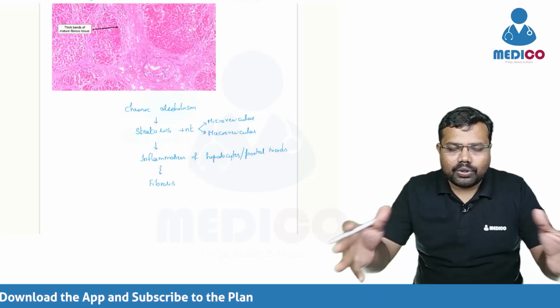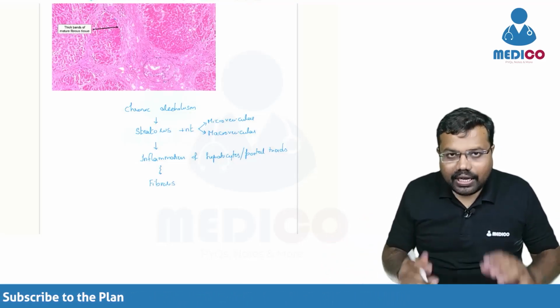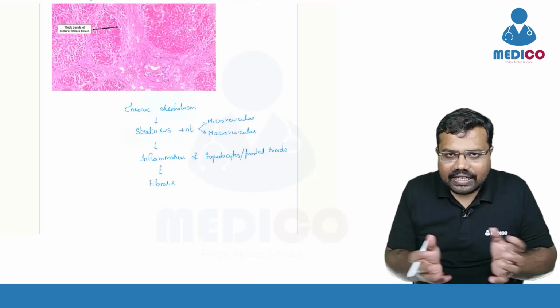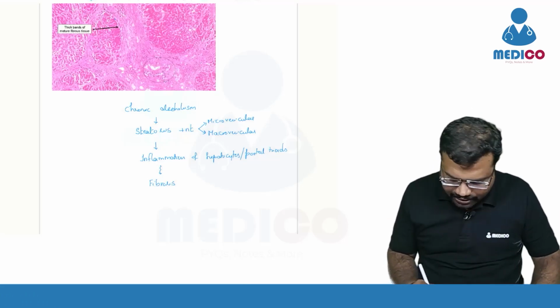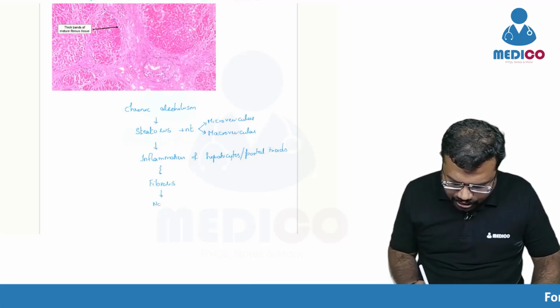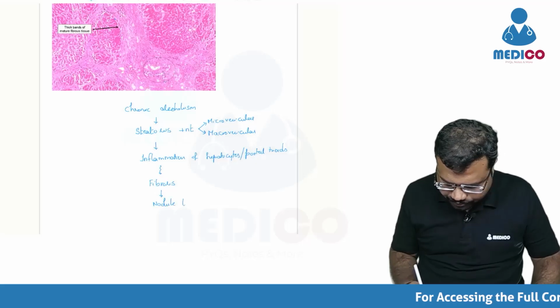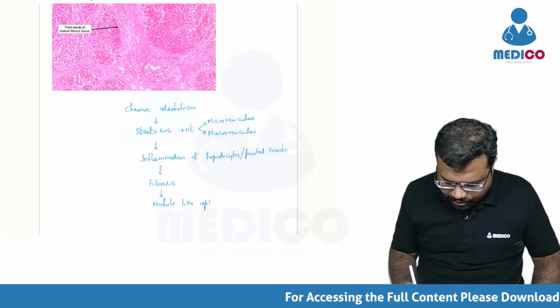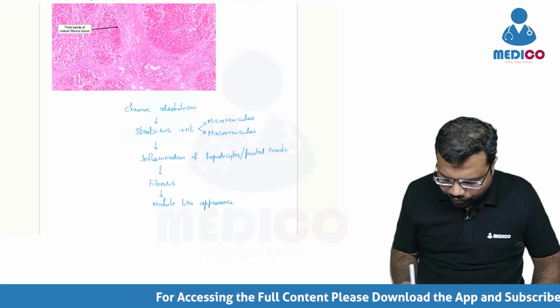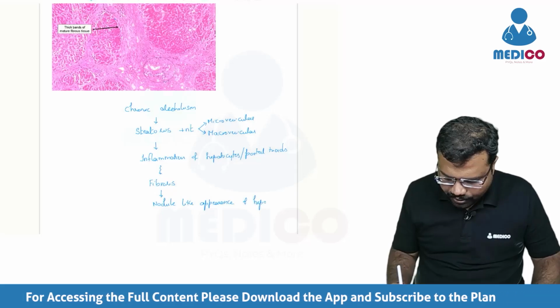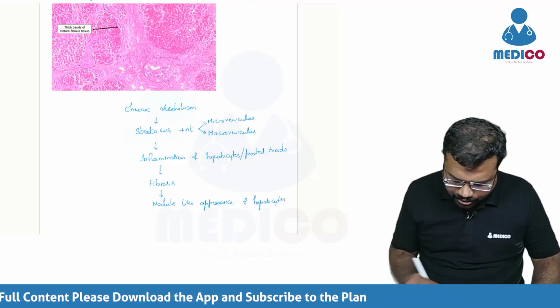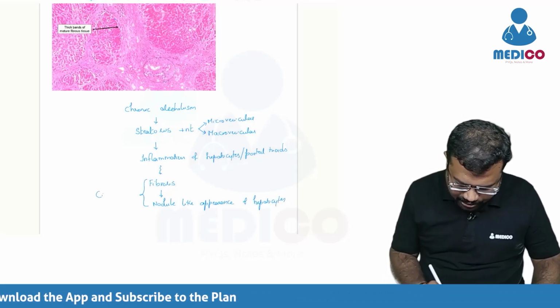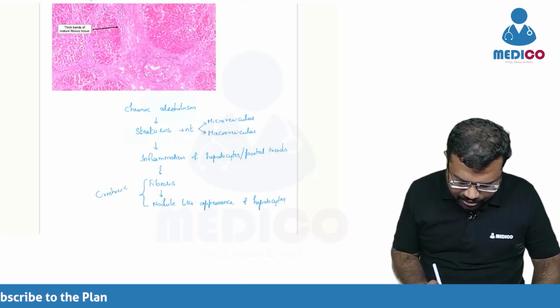If that fibrosis is seen throughout the entire liver, it will encircle a part of the liver, and that is called a nodule, a nodule-like appearance of hepatocytes. These two are the features that can be seen in cirrhosis of the liver.